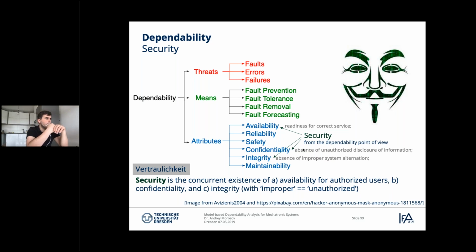They define security as the concurrent existence of availability, confidentiality, and integrity, meaning that if the system is available, confidential, and has integrity, so it's ready for service, with absence of unauthorized disclosure and absence of improper modification of the system, then the system is secure.